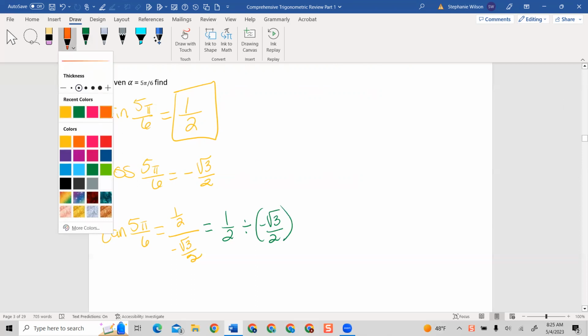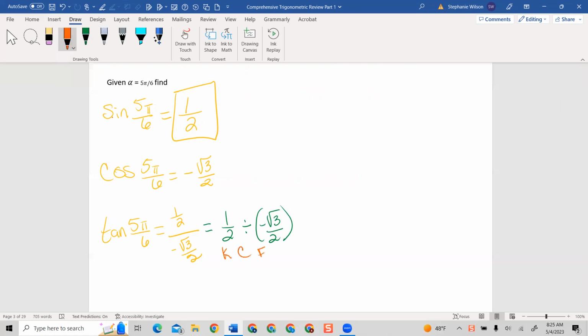Now we're going to say, okay, we're going to keep, change, flip. Keep the first, change to multiplication, flip this one. Now what I notice is that 2 goes into 2 once, right? So it leaves me with 1 times -1 over 1 times square root of 3.